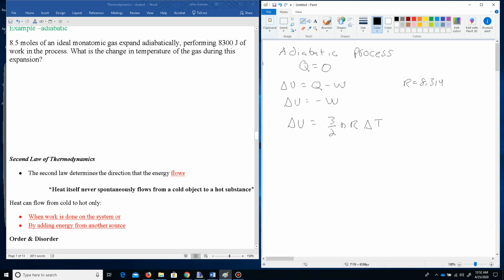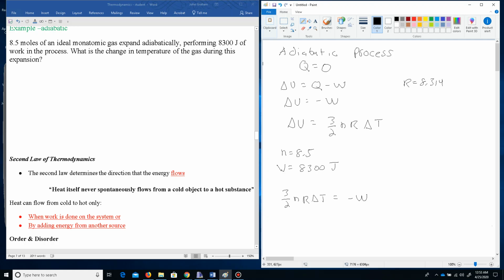We have 8.5 moles of an ideal gas expanding adiabatically, performing 8,300 joules of work in the process, so the work is 8,300 joules. What is the change in temperature of the gas during this expansion? So 3/2 nR delta T has to equal a negative work.